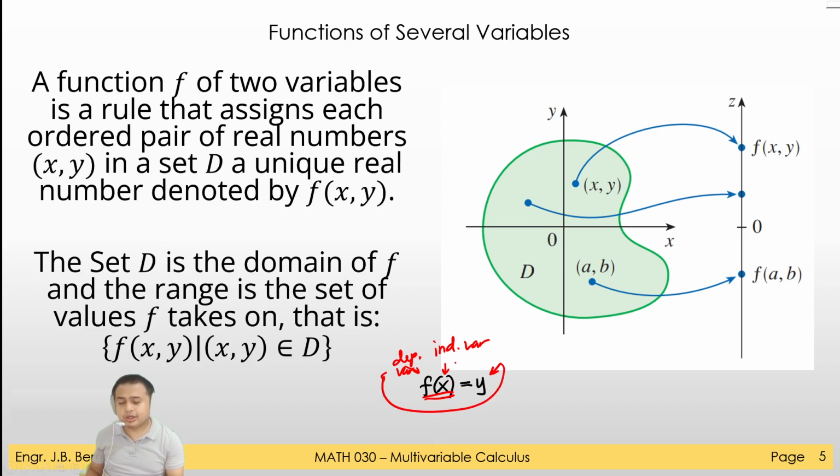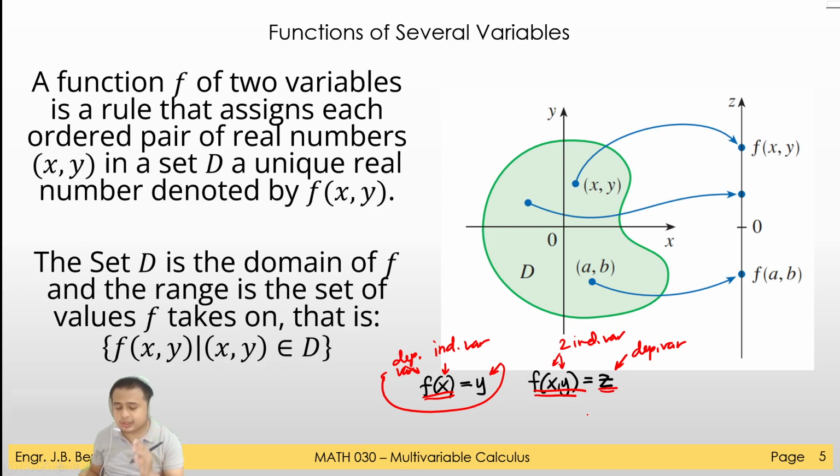Now if we have more than one independent variable, we can call this a function of several variables. If we have, let's say, the function of x and y, we usually represent this on the height axis, the z axis, wherein we have two independent variables and one dependent variable, which is f of x, y, or z.